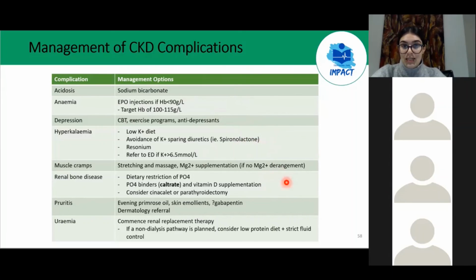With renal bone disease, you can go back to that slide explaining the management of renal bone disease, but basically using phosphate binders and vitamin D supplementation to help decrease the chances of renal bone disease occurring. And then the last thing is that if the patient is uremic, then renal dialysis or renal replacement therapy is automatically indicated unless that patient chooses to go down a non-dialysis pathway.